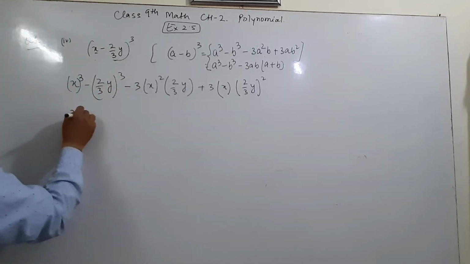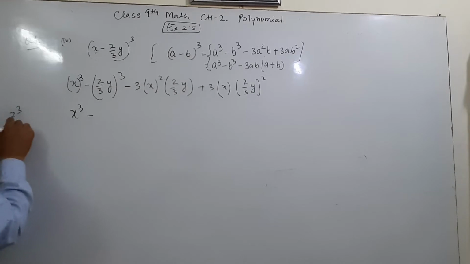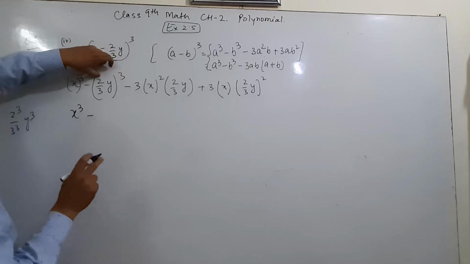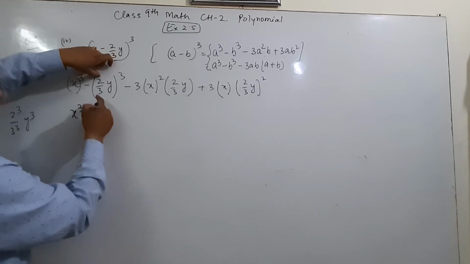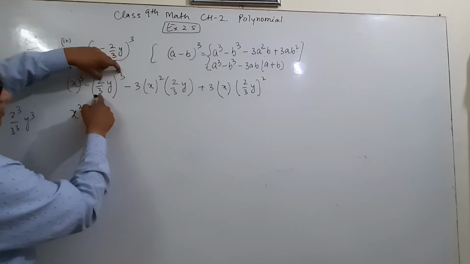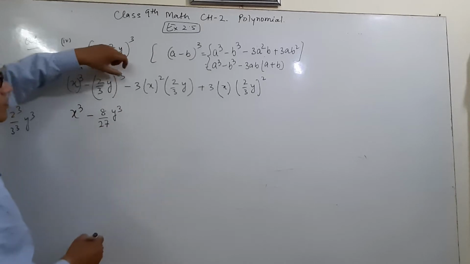Here is x cube minus 2 cube, 3 cube and y cube. 2 cube is 8 and 3 cube is 27, and this is y cube.